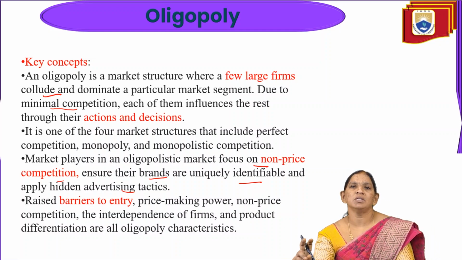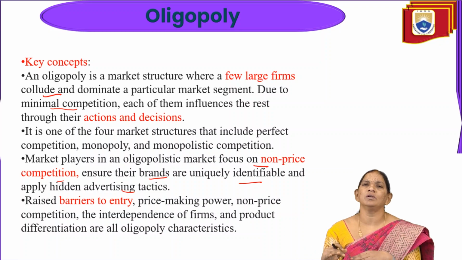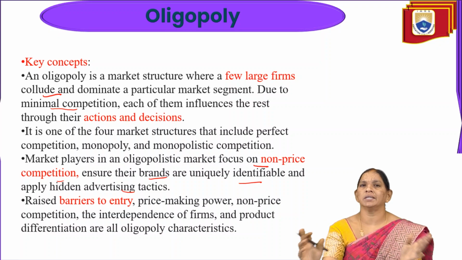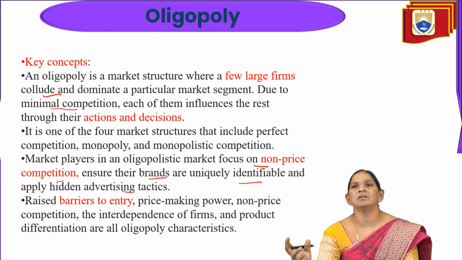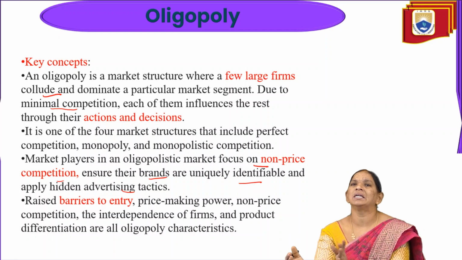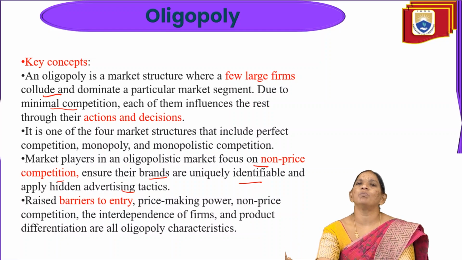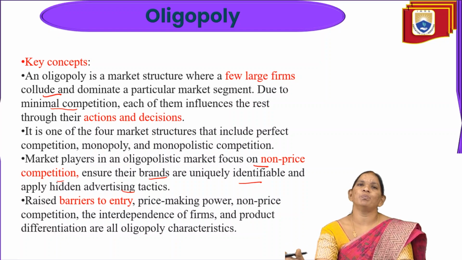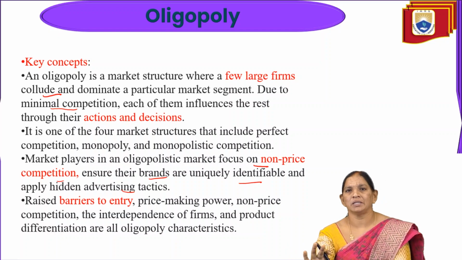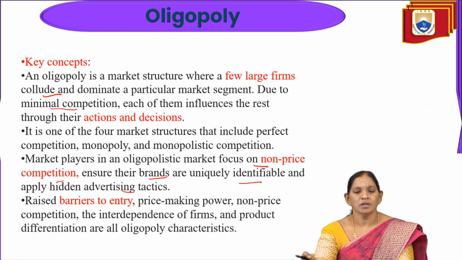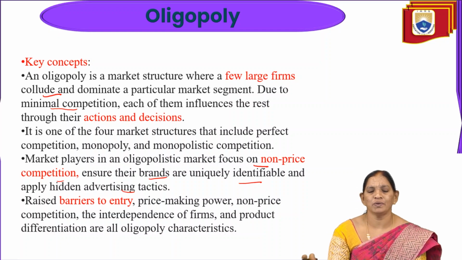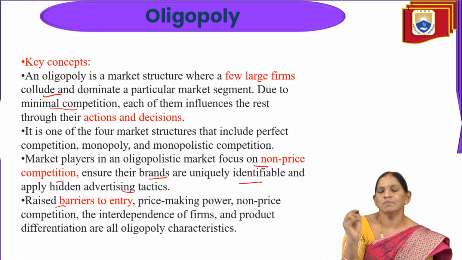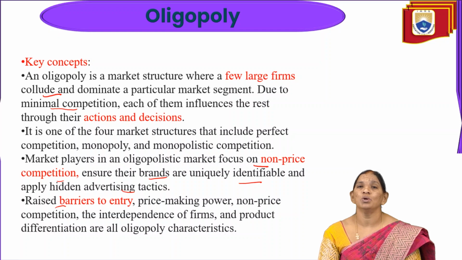In this way, they won't come out with a totally open statement of what they want to say; it is hidden advertisement tactics. They follow that and want to grasp or intensify the competition between one another. In the same way, in this oligopoly market structure, the companies themselves raise the barriers to entry.